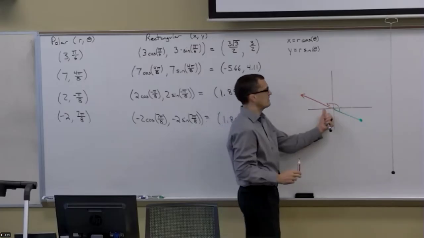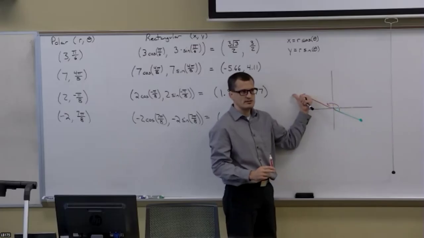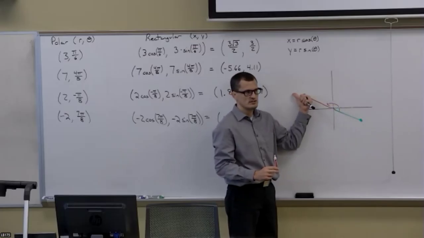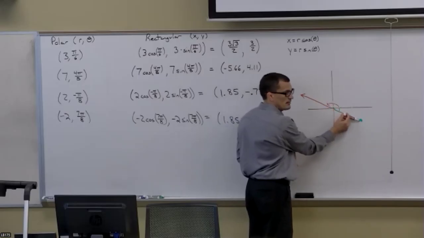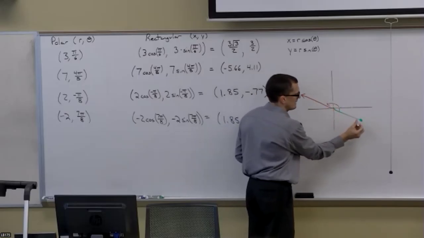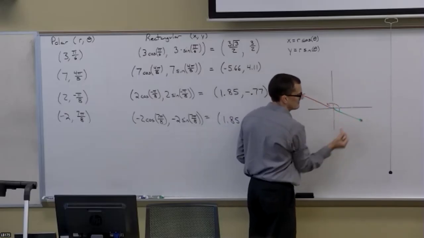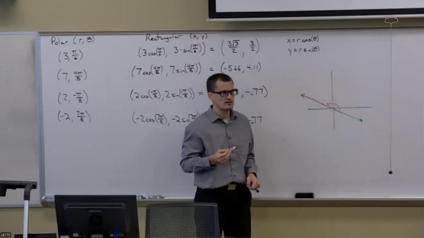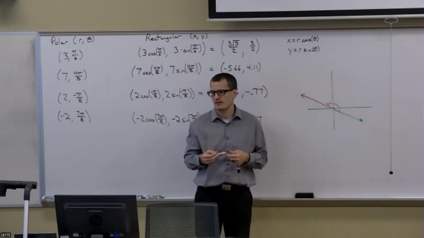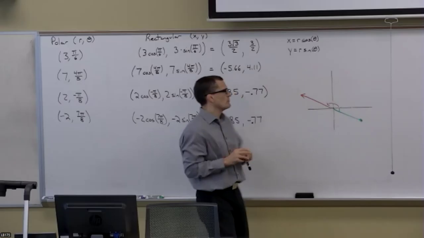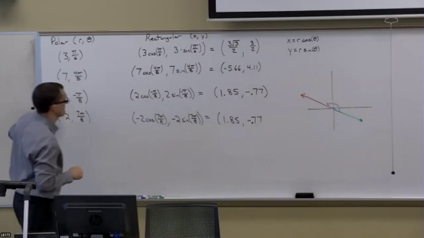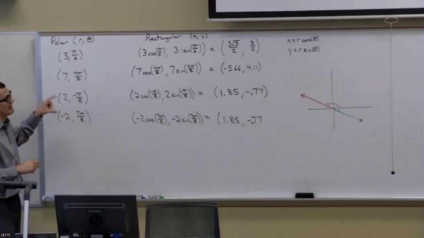If I were to use a positive r, I'd be in the second quadrant. Using a negative r means that I go in the opposite direction and I end up in the exact same place I was at earlier. Did I get that? So that's why these 2 points gave me the same rectangular point.